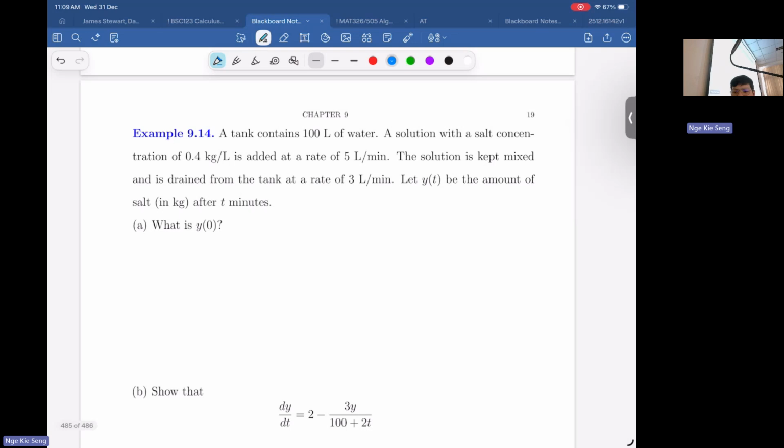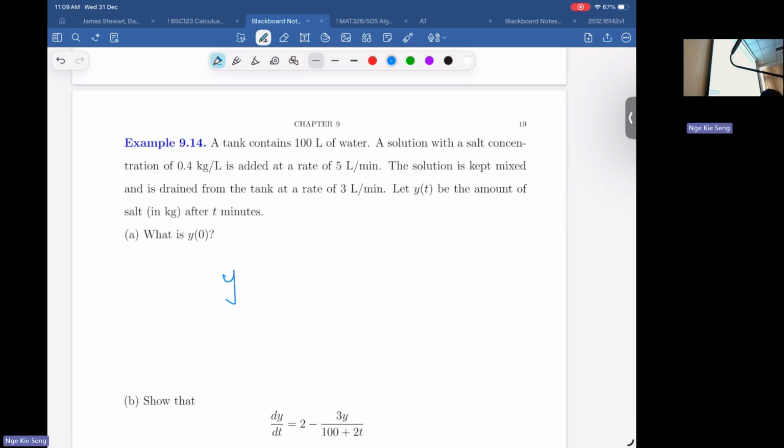Does it say anything or not? What do you think? Is there any salt there? No salt? Okay, I think y0 is just 0. It didn't mention anything, right? It just says that this tank has 100 liters of water, so there's nothing here.